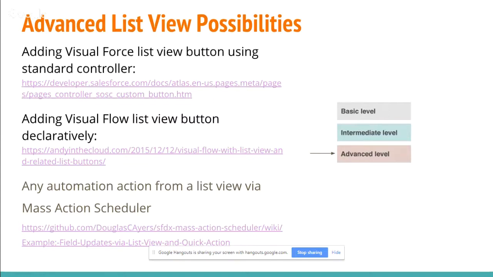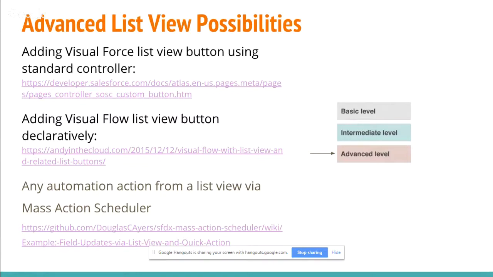Another really good use of this is I have some type of flow that is able to fix some sort of data inconsistency, and I have a list view or a report that can detect that data inconsistency. Now I can cause the flow to be run automatically on a scheduled basis on that list.